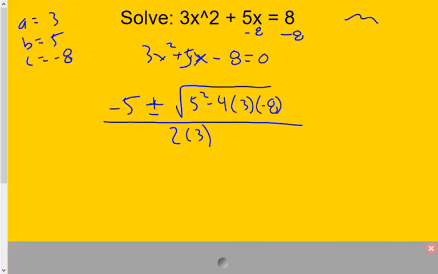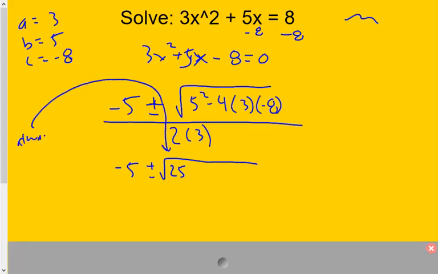The first thing I'm going to do is 5 squared is 25. That number's always going to be positive, because you're squaring it. If that number were negative, it would throw everything off.